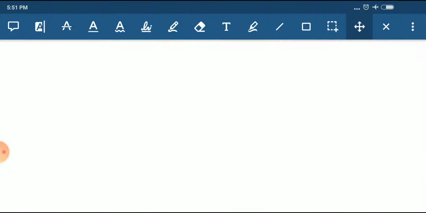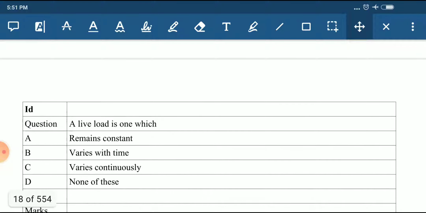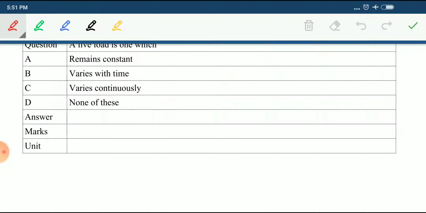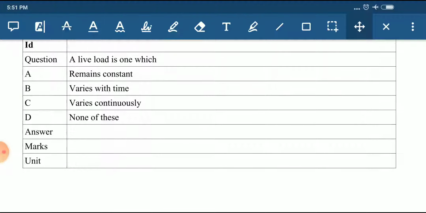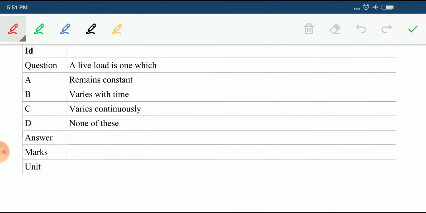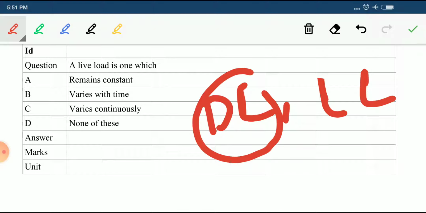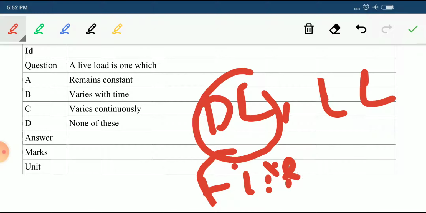Next. Live load is... Okay, already you know, if you go for any kind of structure, there are different types of load that will come on the structure. What are the different types of load? That may be dead load and live load. Dead load is called fixed load, meaning non-movable load.